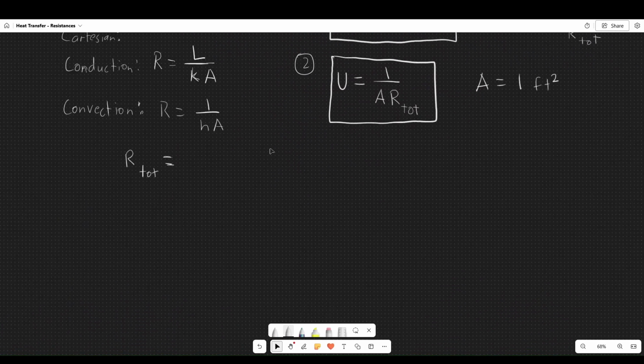And so we have essentially 1 over hi times A, plus L wood, that LW, over KW times A. And then we have L air over K air times A. We have that with L insulating.